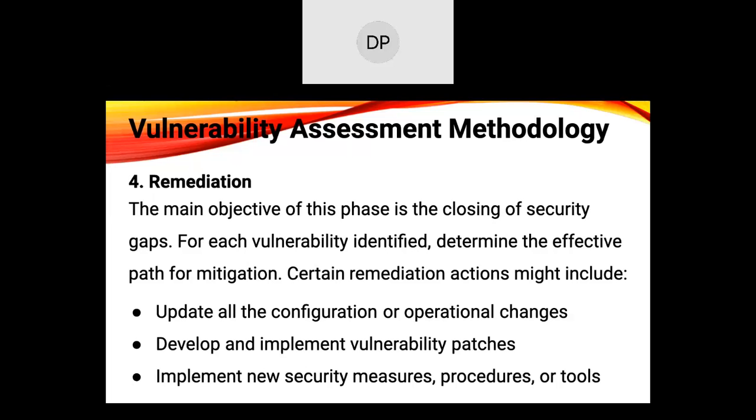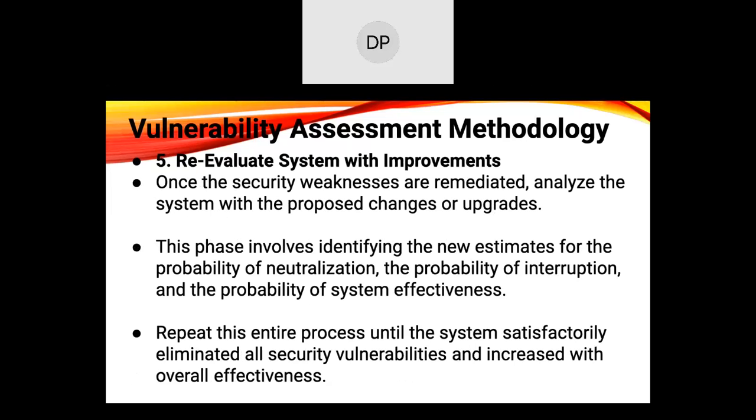The main objective of this phase is closing the security gaps for each vulnerability identified and determining the effective path for mitigation. Certain remediation actions might include updating configuration or operational changes, developing and implementing vulnerability patches, and implementing new security measures, procedures, or tools.